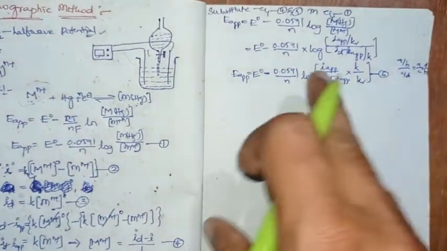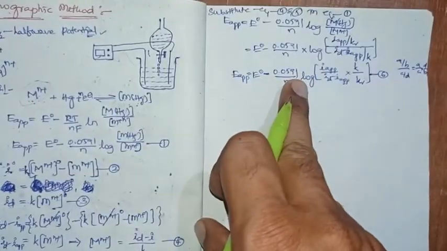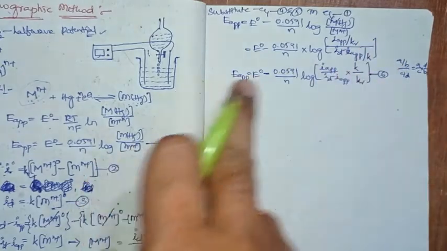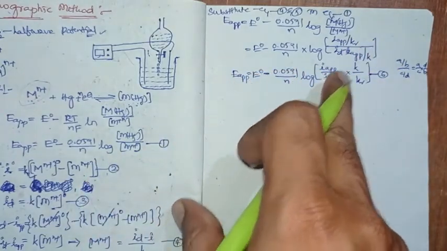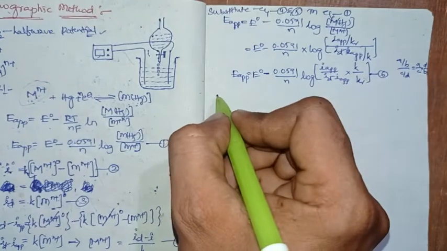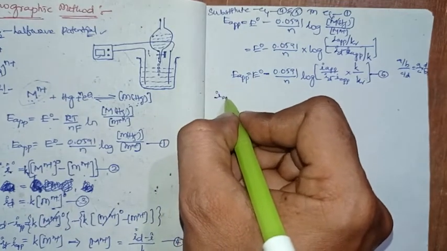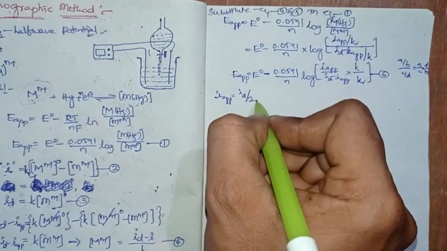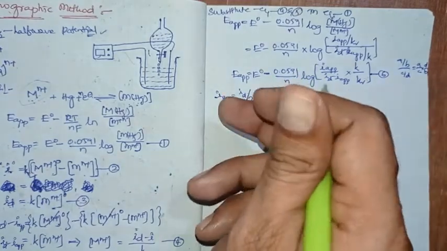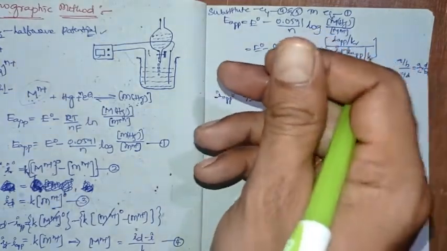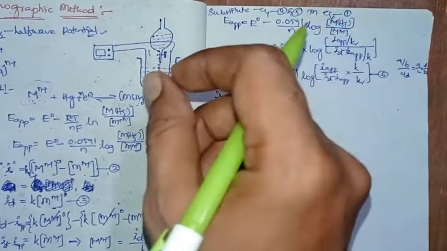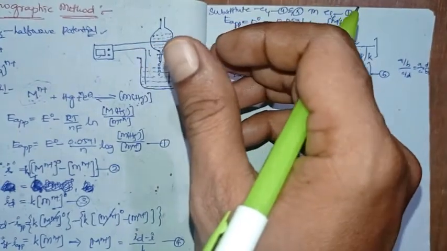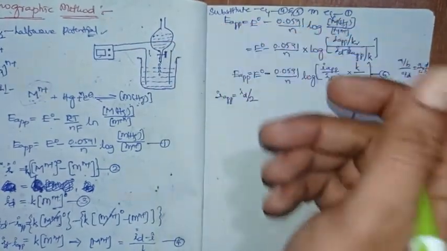To convert the applied potential into the half-wave potential, the reaction should be complete in half, which means the applied current should be half of the diffusion current. Where the applied current is half of the diffusion current, the reduction is half complete and its effective potential will be E half.